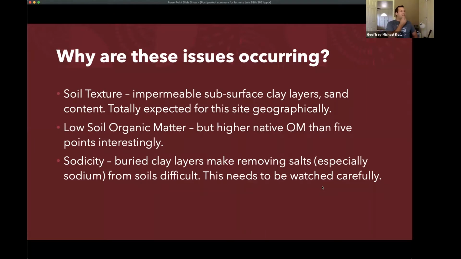So why are these issues occurring? This is based on my interpretation, and there could be other factors, but a lot of it has to do with texture at this site. There are impermeable subsurface clay layers. Sand content is high, and we kind of expect that. We're right next to the river.